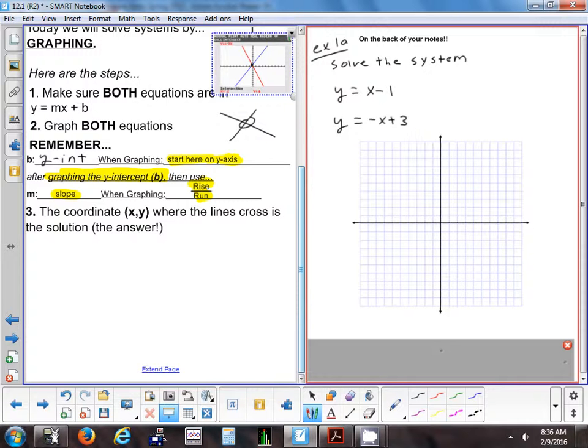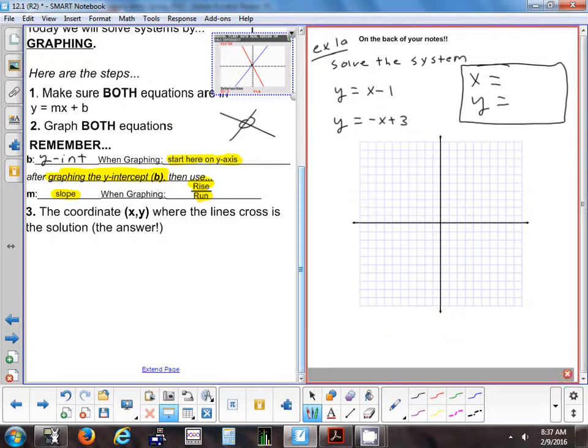Yep, 2. We're going to have x equals, y equals. Okay, and when I'm done, I'll put my answers right there. You guys, that little chart that's on the front part of your notes, we're going to come back to that after we go through all the examples. So this example is on the back side of your notes, on that first page of notes you have.